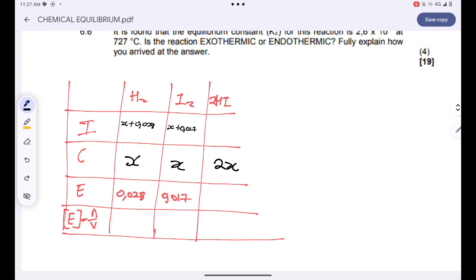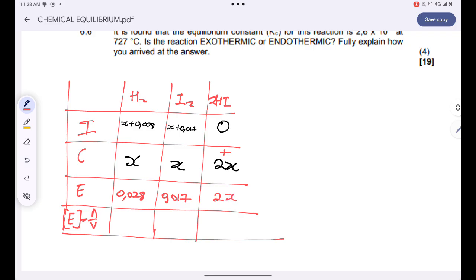But remember that when the reaction began, we did not have hydrogen iodide. So we had 0, and then we added 2x. That means at equilibrium we'll simply have 2x as well.